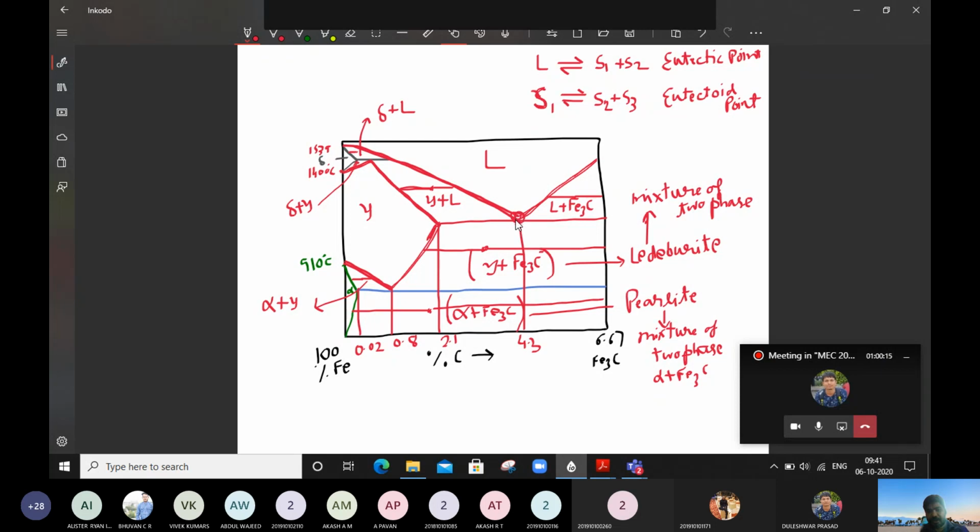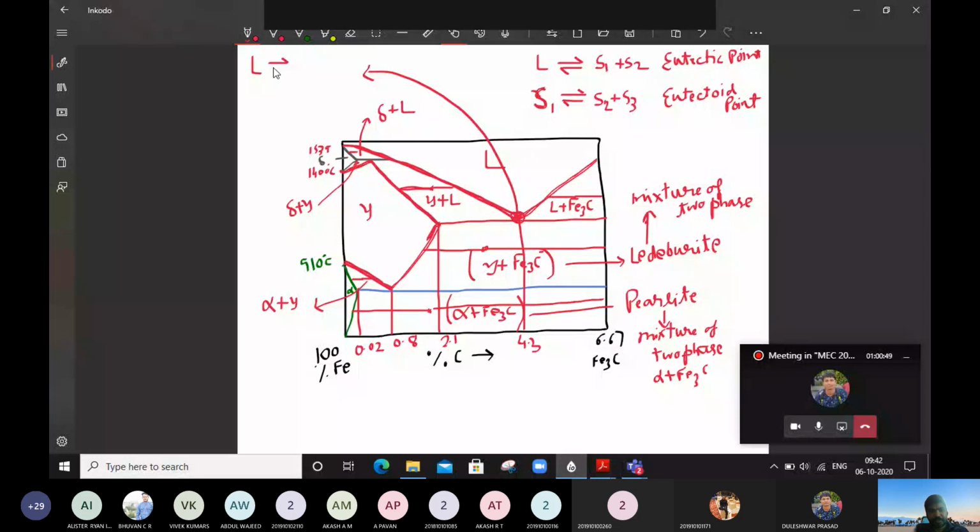At this point, what's happening? When you cool the liquid, if you take this composition and cool it, then at this point this liquid is going to give you gamma plus Fe3C.